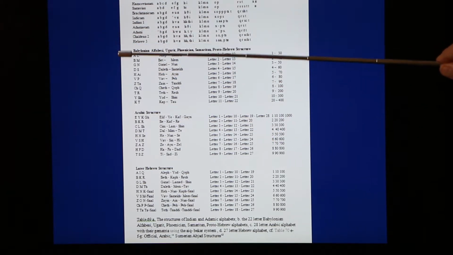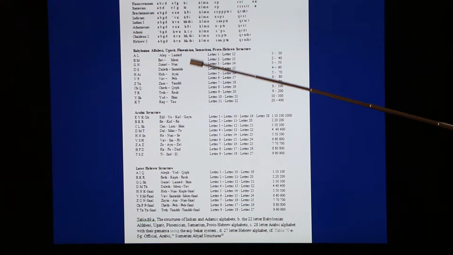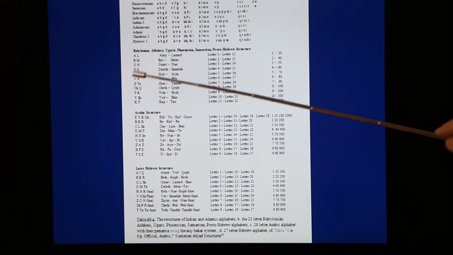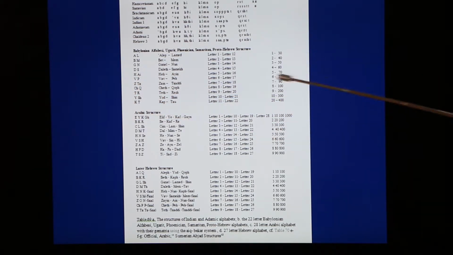And then the Babylonian alphabet, the Ugarit, Phoenician, Samaritan, Proto-Hebrew, has this structure: AL, BM, GN, DS, HI, VP, TS, and so on. This gives you the letter sequence, and this gives you the numerical sequence, the values 130, 240, 350, and so on.